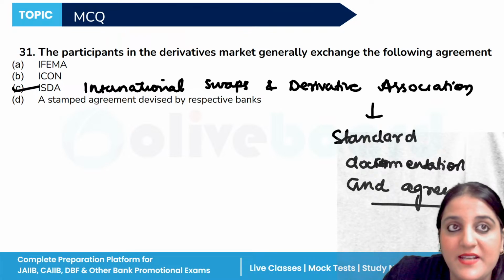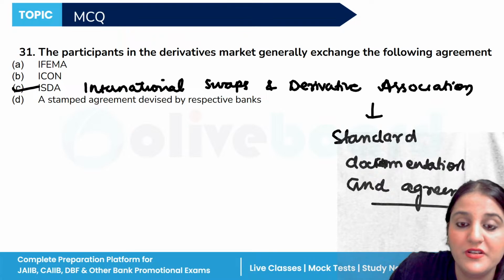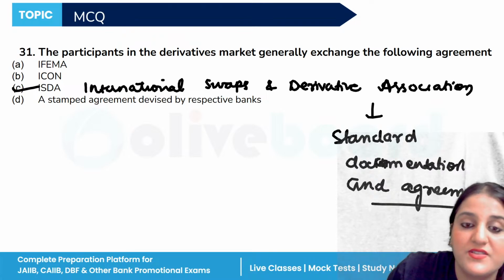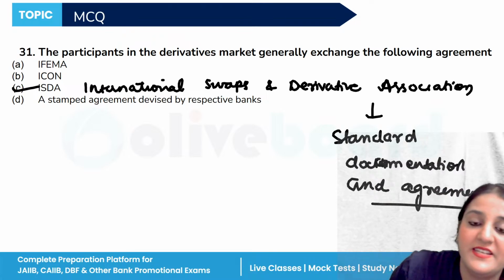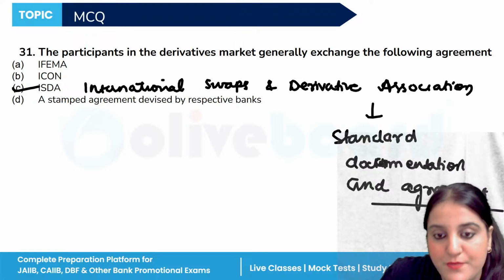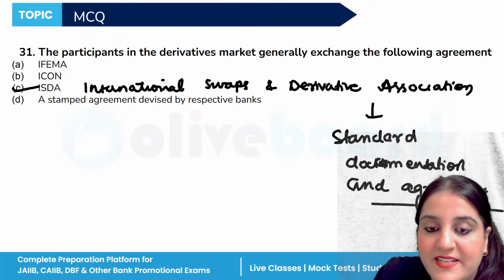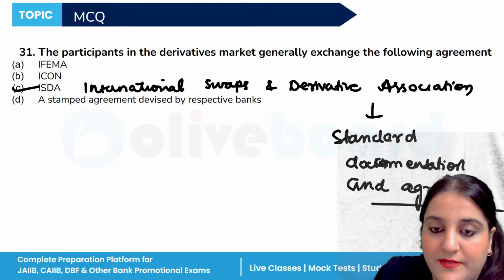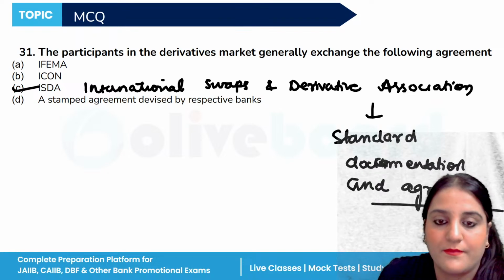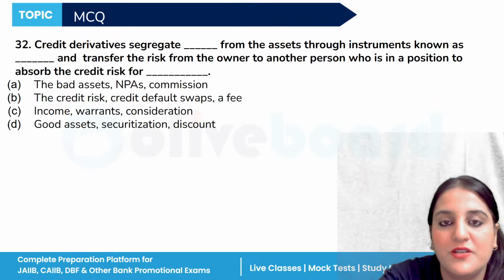This agreement outlines the terms and conditions under which derivative trades will be conducted, and facilitates better risk management and legal clarity between the parties. Okay, so option C is correct.